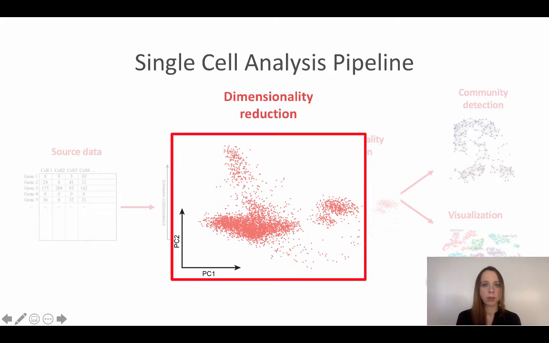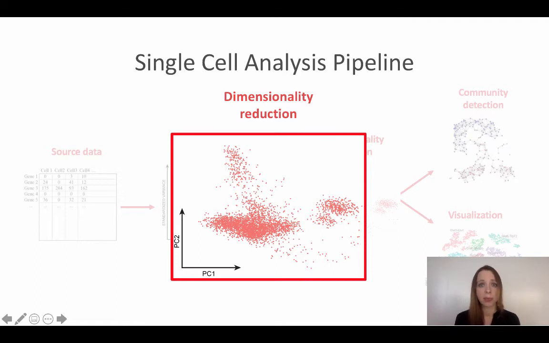It finds principal components of the data set where there is most variance in the data. The first principal component is a linear combination of the features that has the largest variance. The second principal component captures the second largest variance such that it is orthogonal to the first one, and so on.